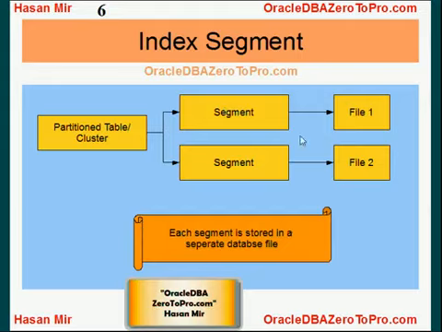That way Oracle can read the whole index in half the time. There's a typo here, it should be partitioned index, not partition table. Oracle can read the whole index in half the time because now two hard disks are being read at the same time. That's the concept of partitioning. Each segment is stored in a separate database file.